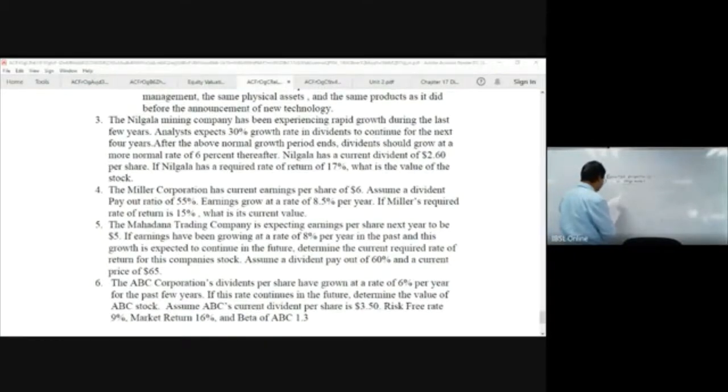Earnings per share is 6. So you can say E0 is 6. Then dividend payout is 55%. So that is 1 minus B. 1 minus B is equal to 55%. Earnings growth is 8.5%. So G is equal to 8.5%. K is equal to 15%.